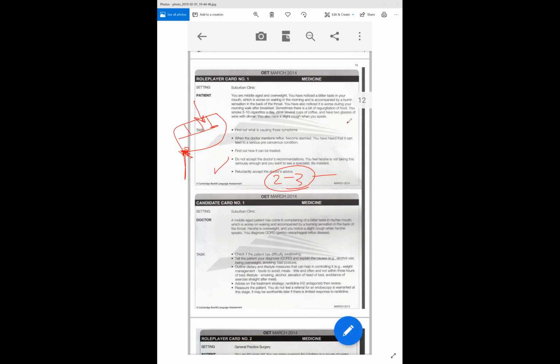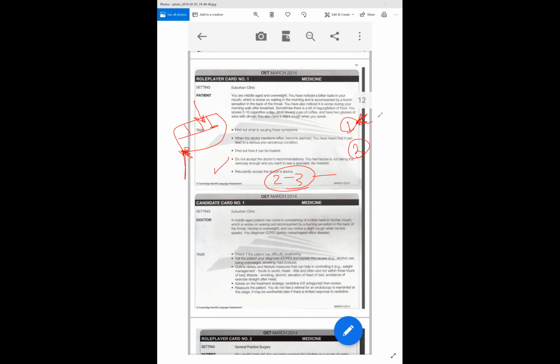First, is this the first visit or the follow-up or second visit? If this is the first visit, you will ask the patient about his name, because you are not familiar with the patient. So you can ask him, "How can I address you, sir?" or "How can I address you?"